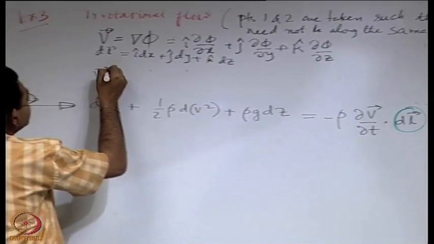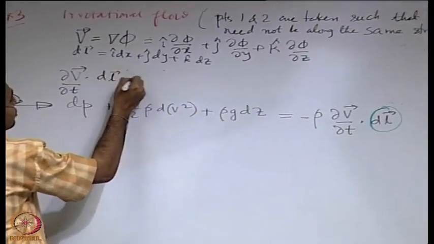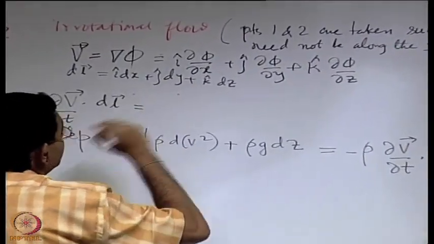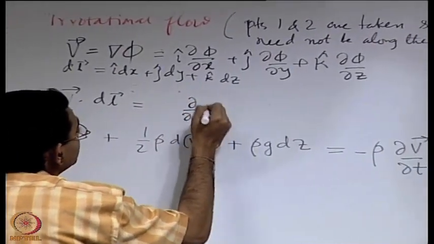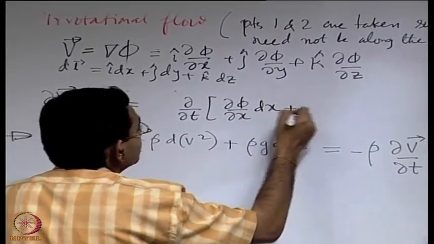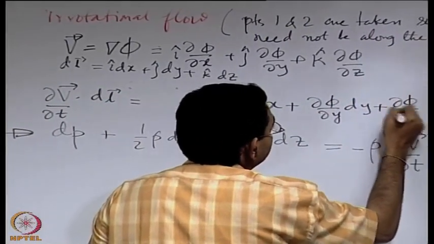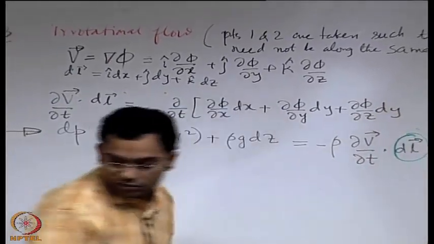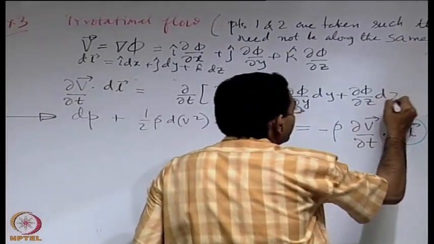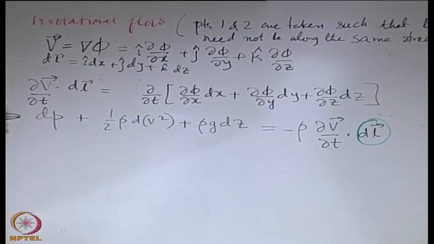So the partial derivative of V with respect to t dotted with dl, what will that be? We can see that it is a sum of the 3 partial derivative terms for variations along x, y and z.